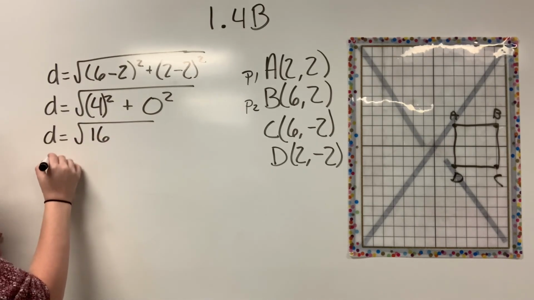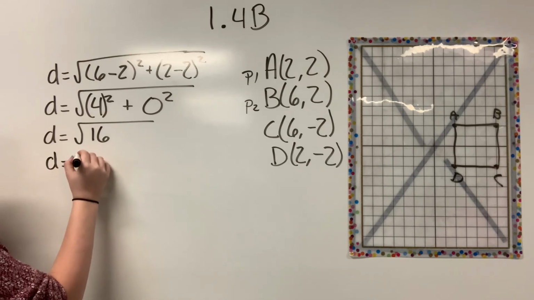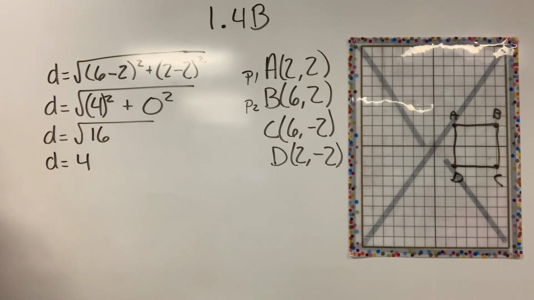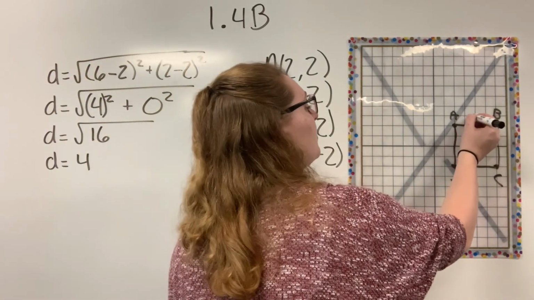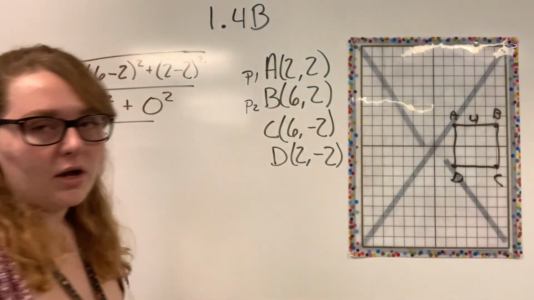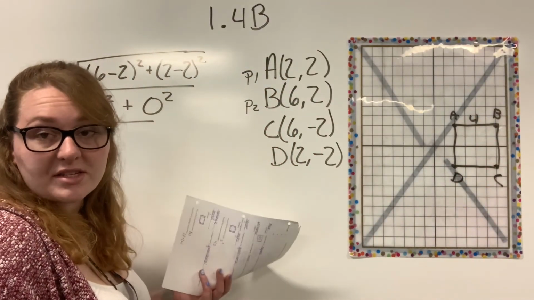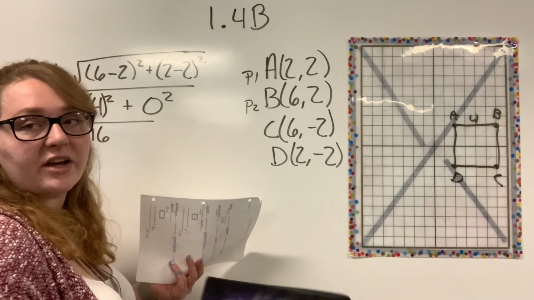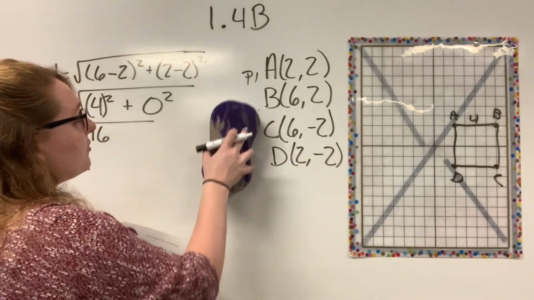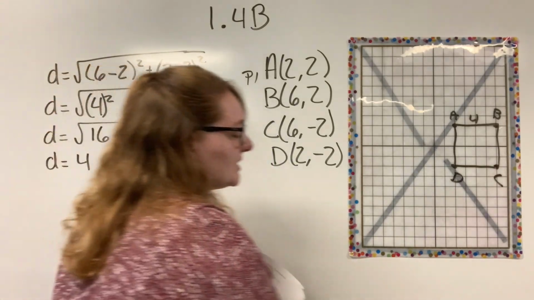When we plug this into the calculator, the square root of 16 is exactly 4 units. So from A to B, it is exactly 4 units. So now we have to check one of the sides to see if it's also 4, to check if it's a square. If it's not 4, then it's going to be a rectangle.